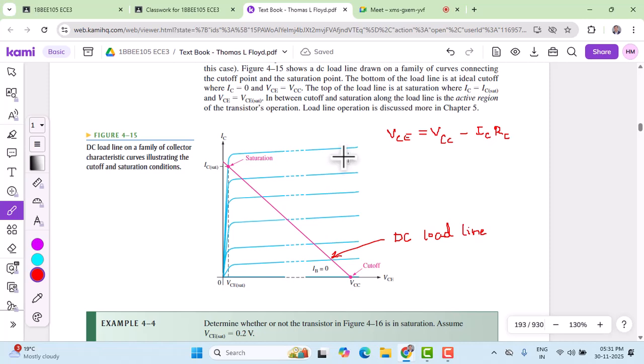PD max means the maximum power dissipation, that is, how much power the transistor can dissipate, as given by the manufacturer.